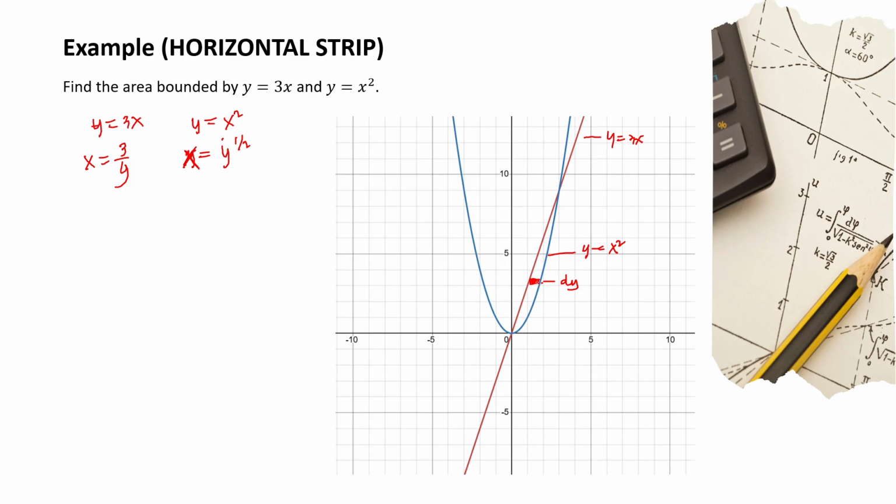From 0, 0 to the intersection 3, 9, since it is with respect to y, the limits are from 0 to 9.